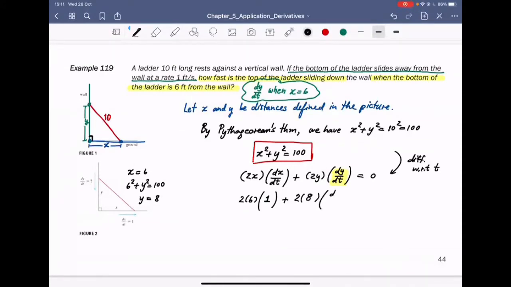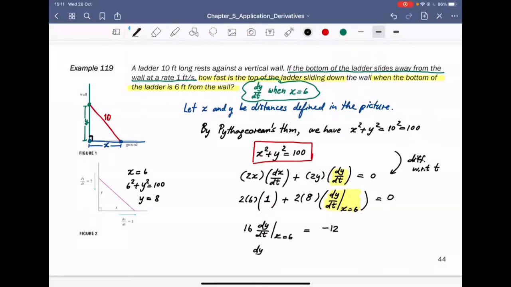And the quantity that we want is dy by dt, given that x equal to 6. This is the one we want. So you can simplify a little bit more, move something and then subtract something. So you're going to have 16 times dy by dt, where x equal to 6, is going to be negative 12.